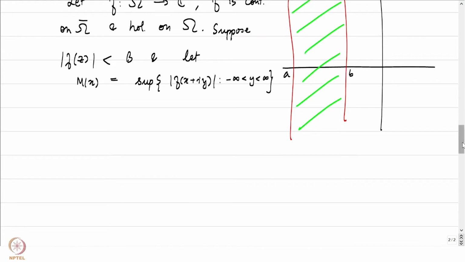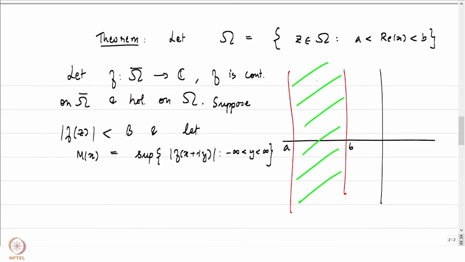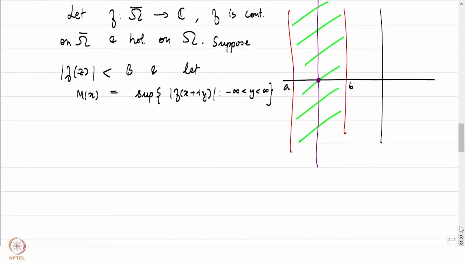If you look at it in the geometric sense, we take this purple line, so we fix a point x here, and look at the supremum of the absolute value of f of z on this purple line. That's precisely what is being captured by M of x. The conclusion is that M of x to the power b minus a is less than or equal to M of a to the power b minus x, times M of b to the power x minus a.